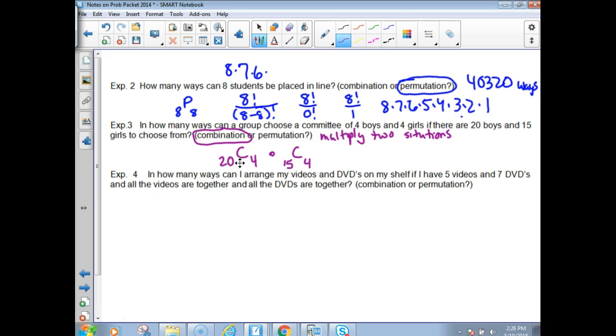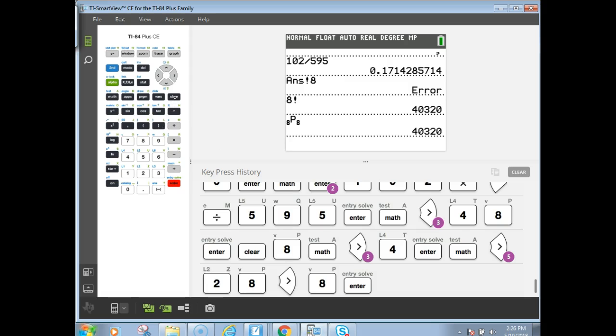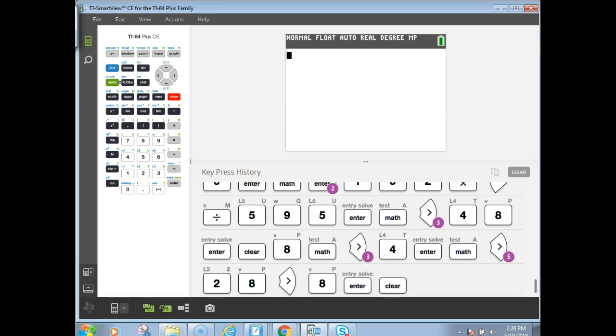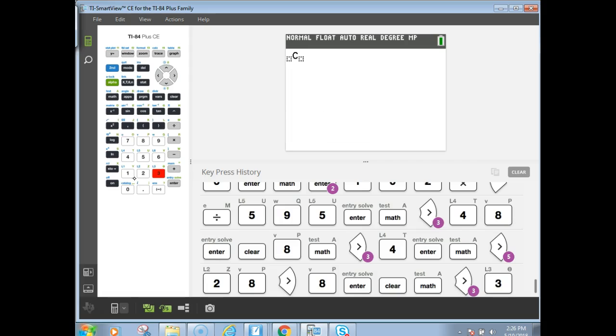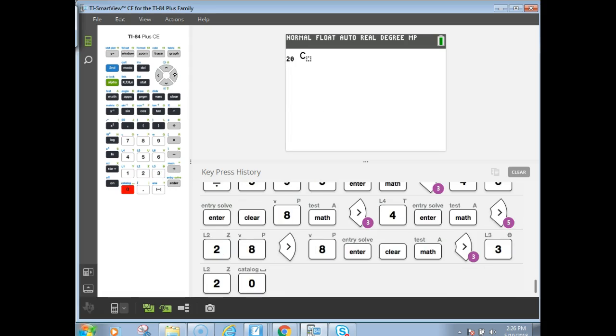Okay, so this is what we're going to need to type into the calculator. So we're going to use that probability button. We'll go to math, arrow to probability. Better type this in, please. 3 is the choice. We had 20 boys, 4 of which we want to choose. So I'll do 20C4. And I'm going to hit times. Oops, I can't put it there. I just realized something. Okay, so I'm going to delete that.